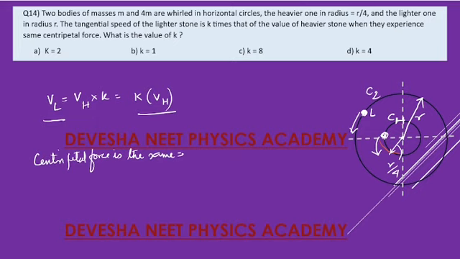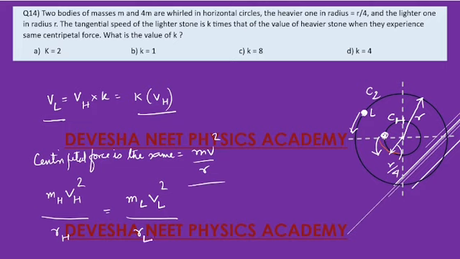Now, what is centripetal force? We know that it's mv square by r. So it means that m of the heavier body into v of the heavier body square by r of the heavier body is equal to m of the lighter body into v of the lighter body square divided by r of the lighter body.